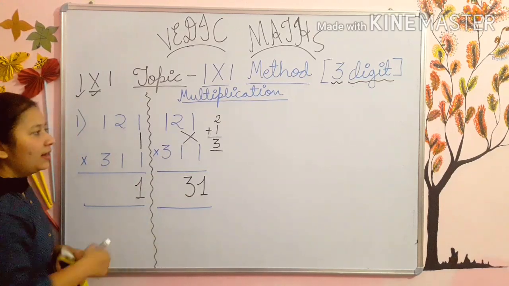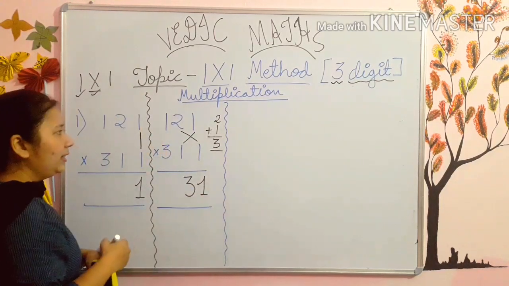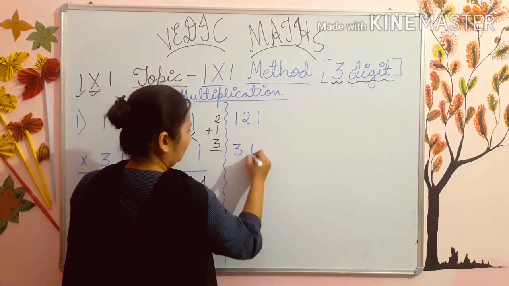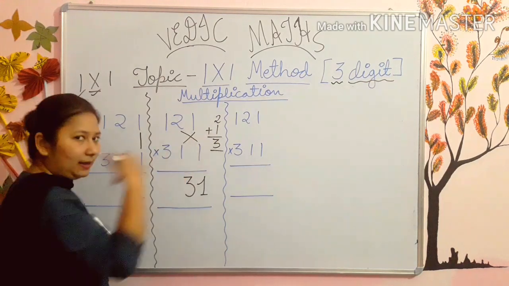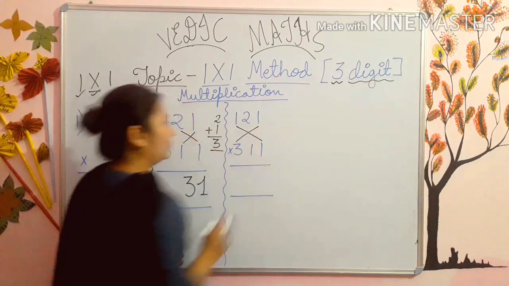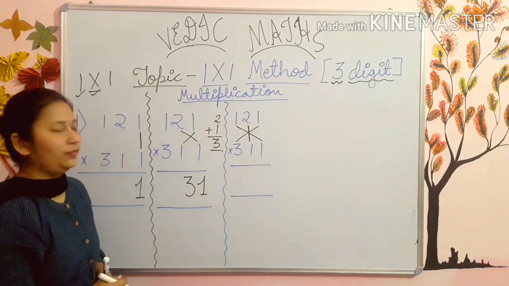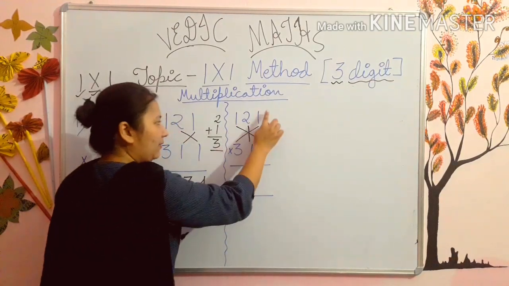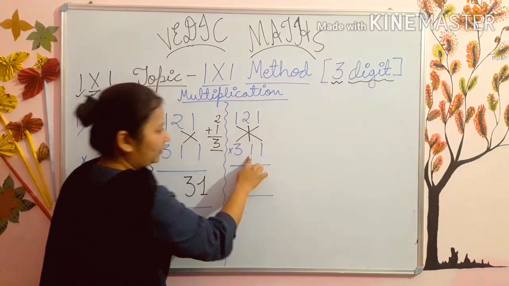Very nice. Now, the next is, you have multiplied the last two digits. Now you will multiply the whole digits. And one more thing, this also. Now what this means? This means that 3 will multiply with 1, 1 will multiply with 1 and 2 will multiply with 1.